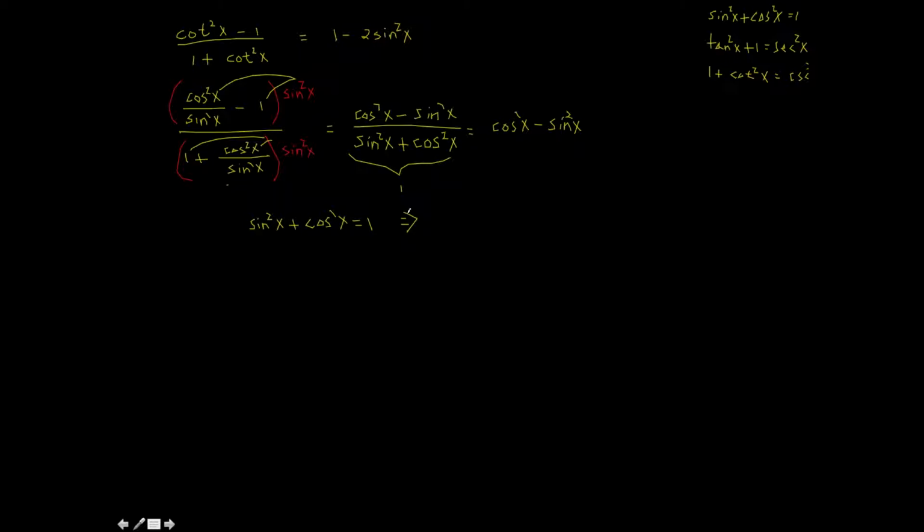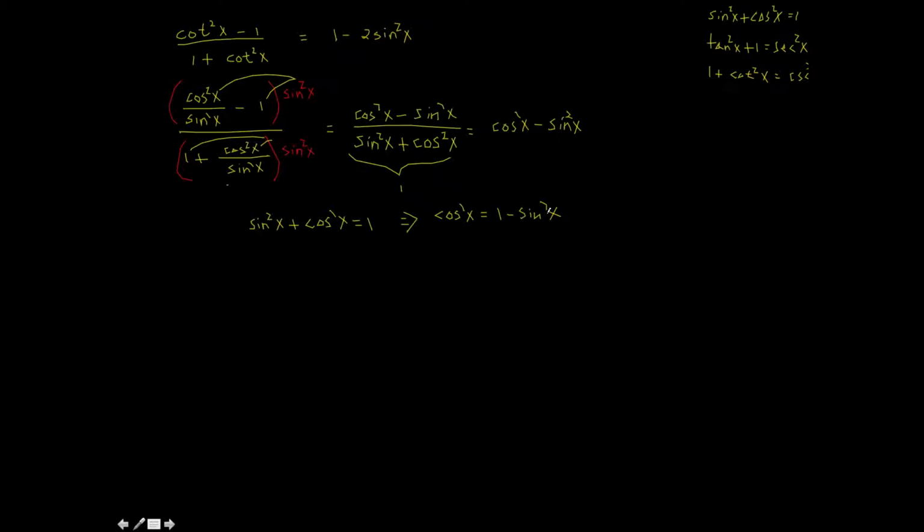So that means I need to get rid of my cosine squared. So I need to figure out what cosine squared equals. Well, if I solve this Pythagorean identity for cosine squared, I get 1 minus sine squared.